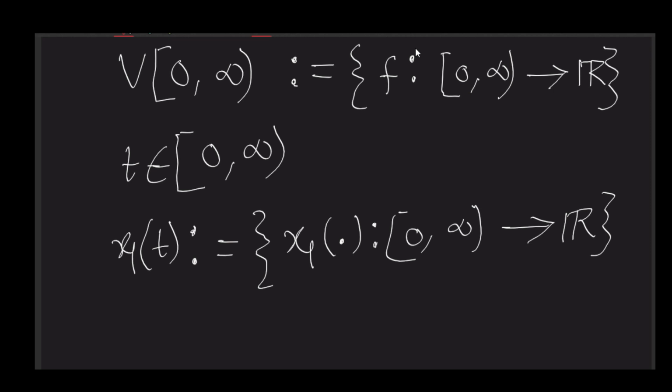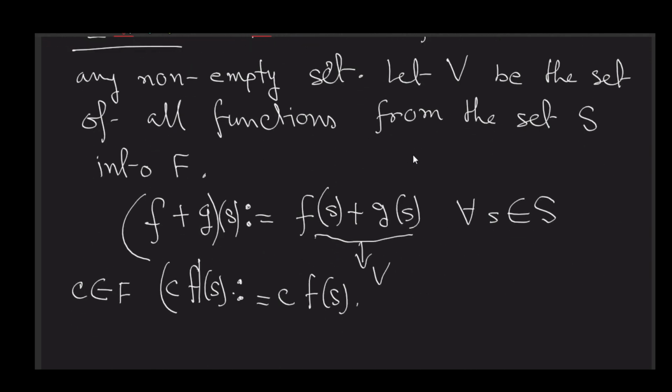Now here, one thing I forgot to mention in the previous case is the difference. Try to understand the difference between your left side and right side. What does the plus sign on the left side indicate?